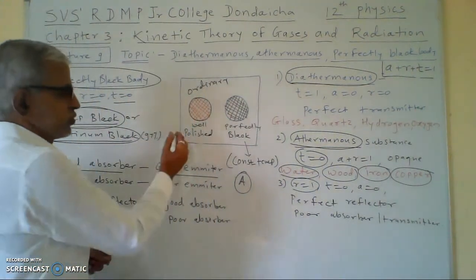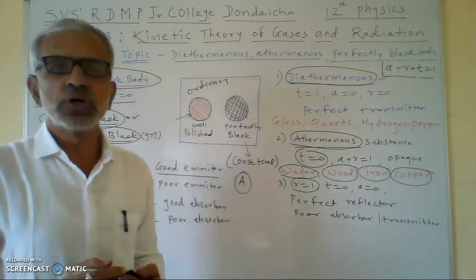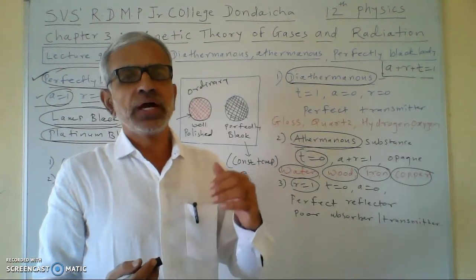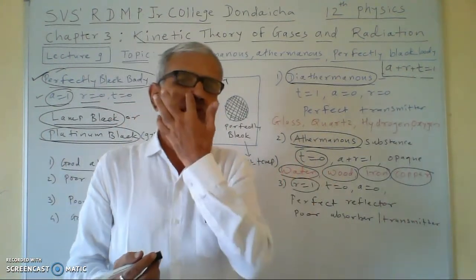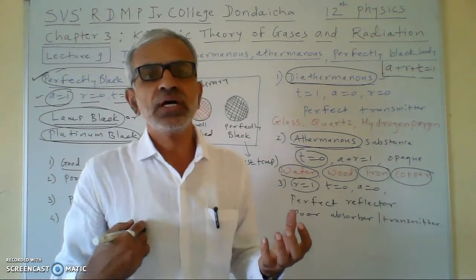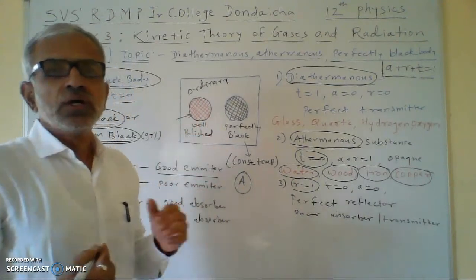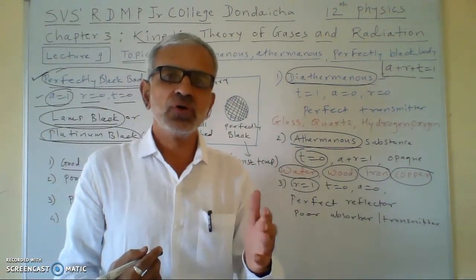Now for the well polished body, it absorbs less heat and reflects more heat. Since it absorbs less heat, to maintain its temperature constant it will emit less heat.